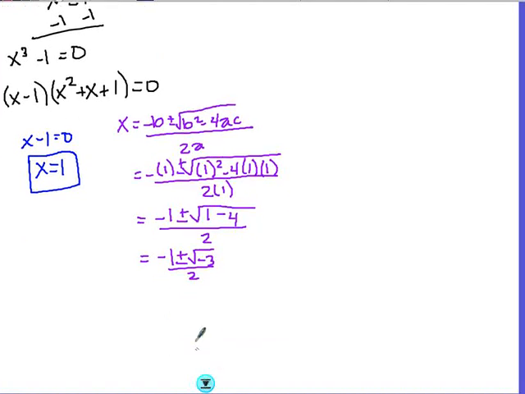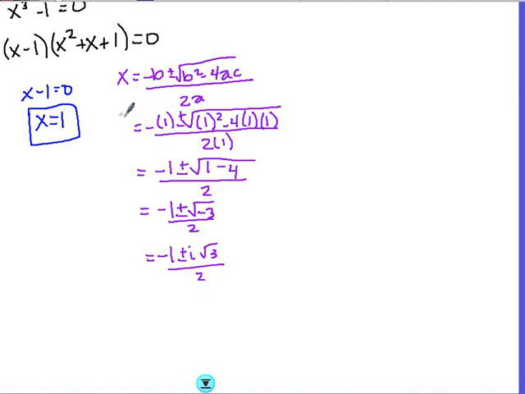So then I know I'm going to end up with an imaginary number because I have a negative in my square root. So I have -1 plus or minus i root 3 over 2. If I want to separate this into my actual two solutions, so all of this is my x's, so x equals this, I could separate it.